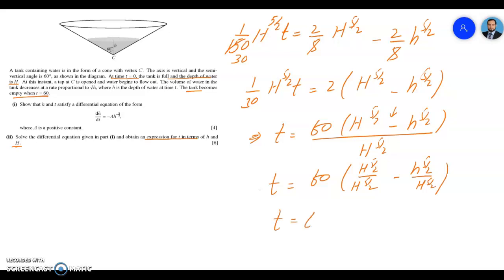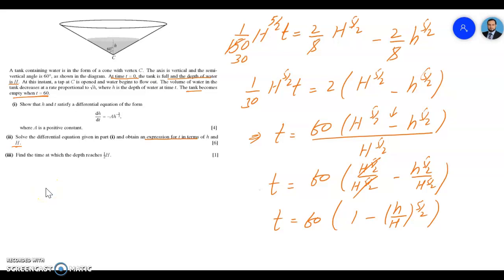So t will be equal to 60 times 1 minus h over capital H, whole to the power of 5 by 2. This is the expression for t in terms of h and capital H.